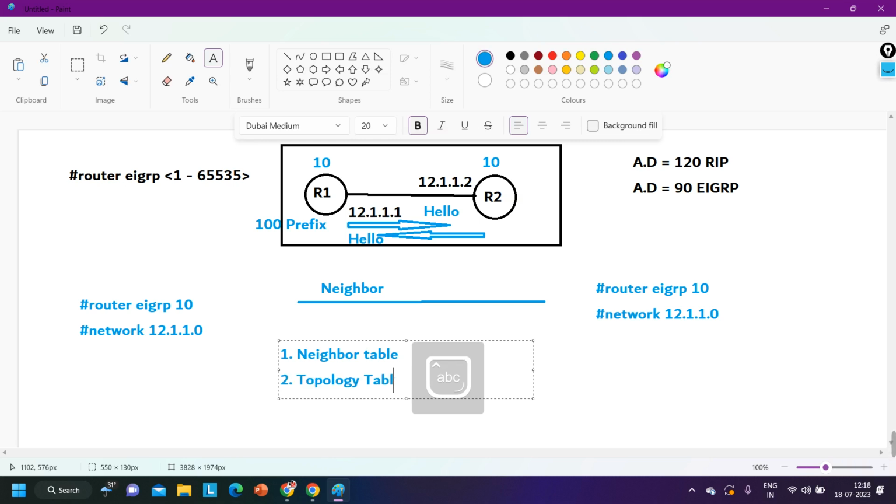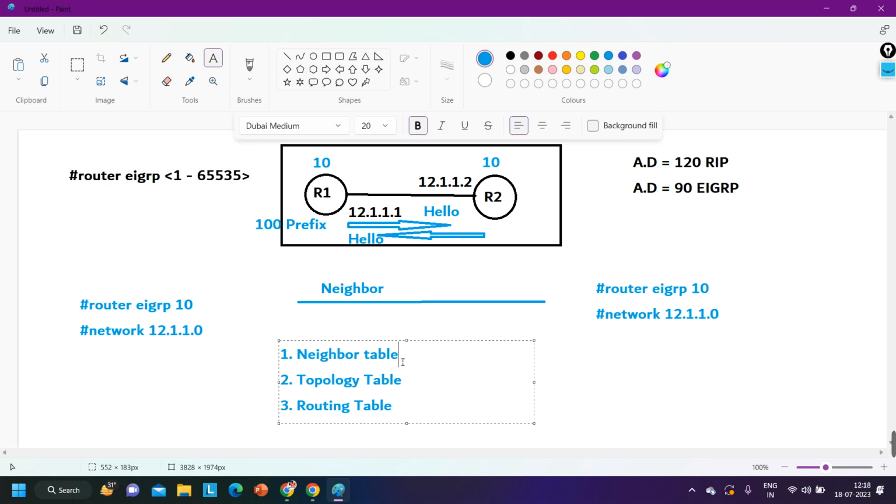Inside the topology table, the EIGRP router will install all possible paths or prefixes, and then it will maintain one routing table, and inside the routing table it will install the best path only. Done. RIP maintains how many tables? Only one table. Inside the one table there will be all prefixes.